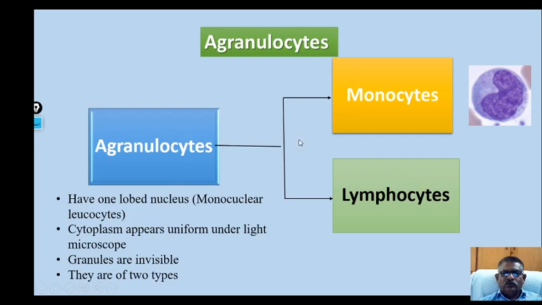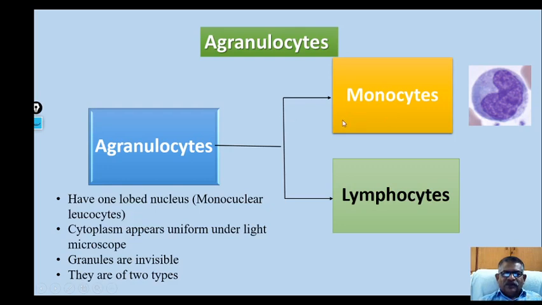They have a one lobe nucleus, whereas in the case of granulocytes, we have stated that the nucleus is at least bilobed or multilobed. This is a mononuclear leukocyte, so the nucleus is single. No lobes are there.